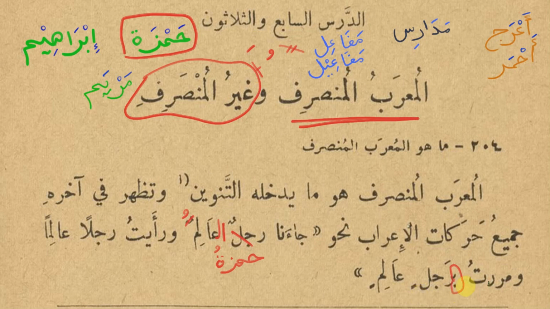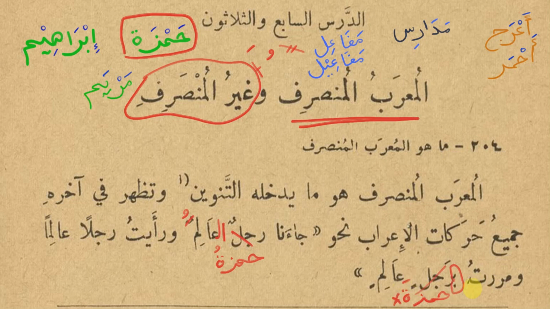If you see this sentence, instead of this rajulun, if I wrote Hamza, if this was a proper noun that accepts the nunation and the lowering, it would be Hamzatin. But because this is one of the nouns that does not accept it, I cannot do this. It will be Hamzata.